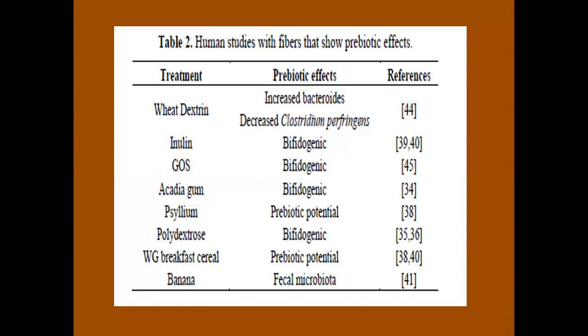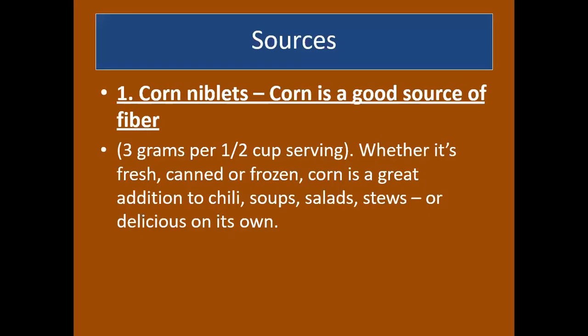Inulin is bifidogenic, GOS is also bifidogenic, and acacia is bifidogenic. Likewise, psyllium has prebiotic potential, polydextrose is bifidogenic, as are breakfast cereals. Likewise, banana also affects the fecal microflora.